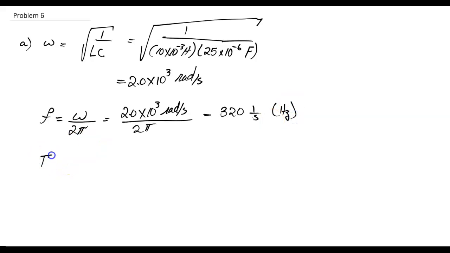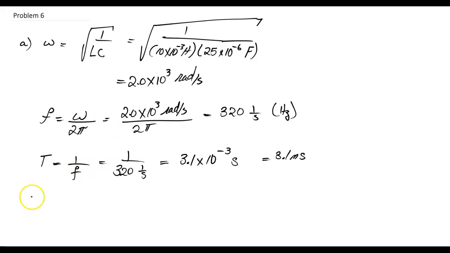And then once we have the frequency, the period of oscillation is the reciprocal of that, which is 1 over 320 per second, which equals 3.1 times 10 to the minus 3 seconds, or 3.1 milliseconds.